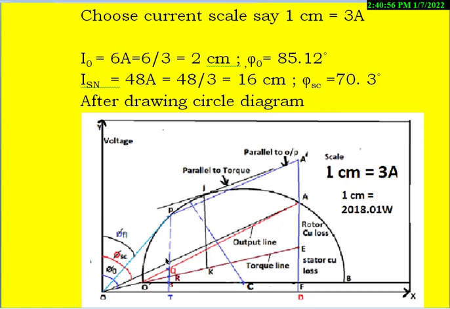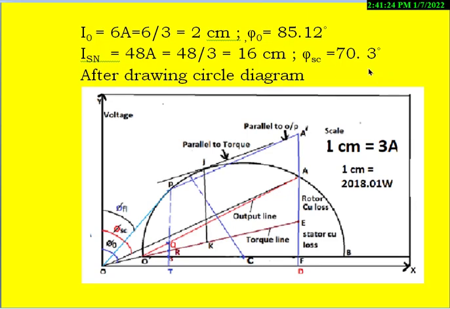Now draw the short circuit current length, that is ISN, which we calculated at normal applied voltage as 48 amperes. The length for this will become 48 by 3, that is equal to 16 centimeters, and the blocked rotor test or short circuit power factor angle is 70.3 degrees. So draw this phi SC.